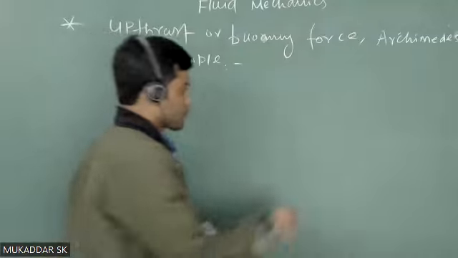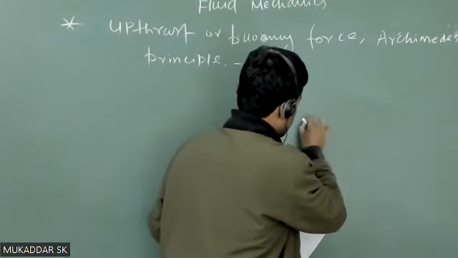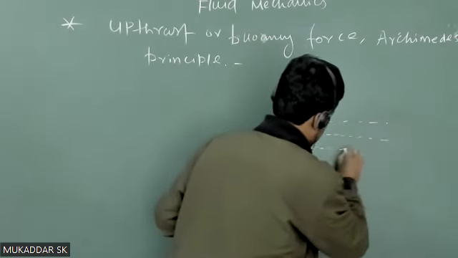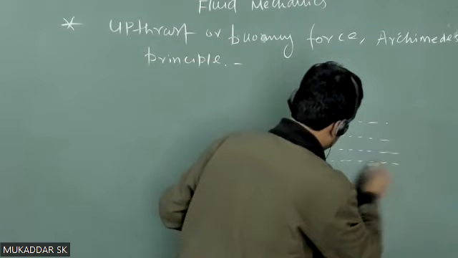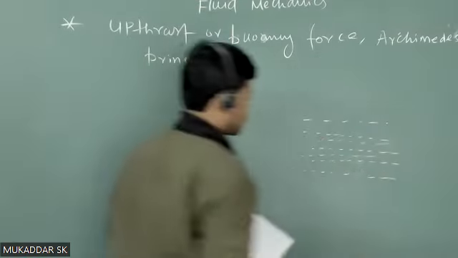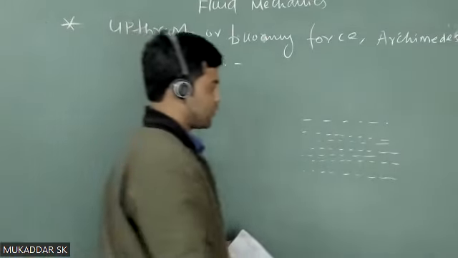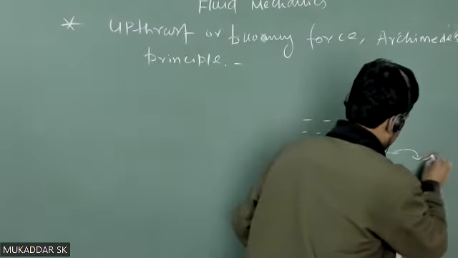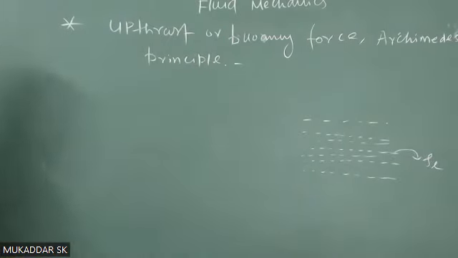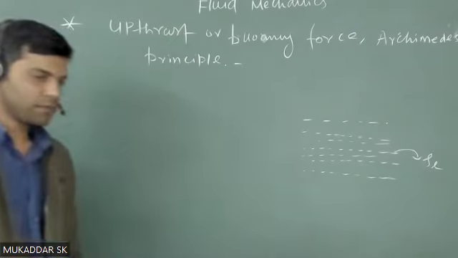So suppose you have a liquid. The density of this liquid is rho L. And suppose a solid can have any shape.